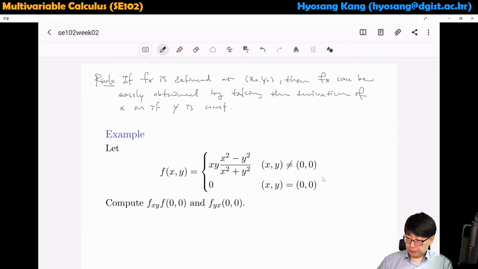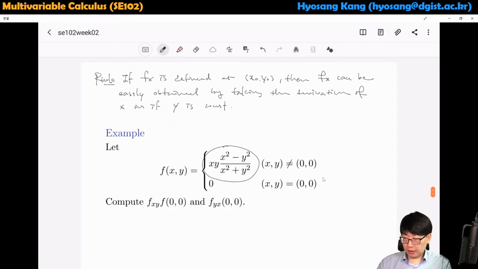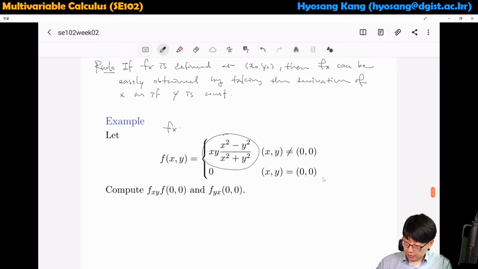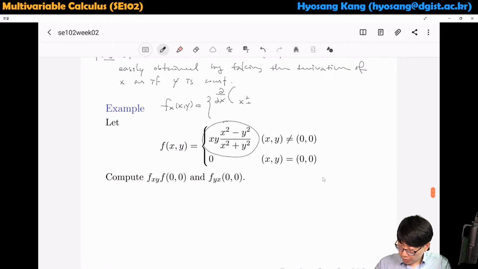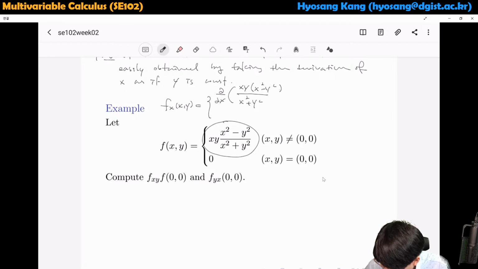For example, if you have this kind of function, then the function has this formula as long as x and y are not both 0. So f of x, fx, is the partial derivative of this big function xy(x squared minus y squared) over (x squared plus y squared), when (x, y) is not equal to 0.